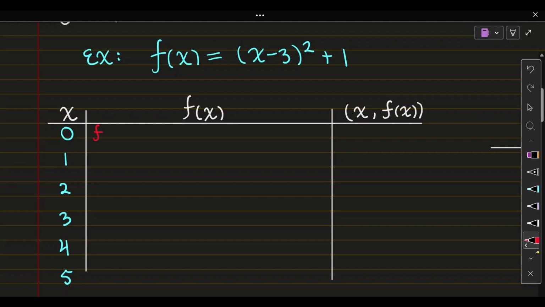So f of 0 is going to equal (0 minus 3) squared plus 1. That is 3 squared plus 1, 9 plus 1, 10.